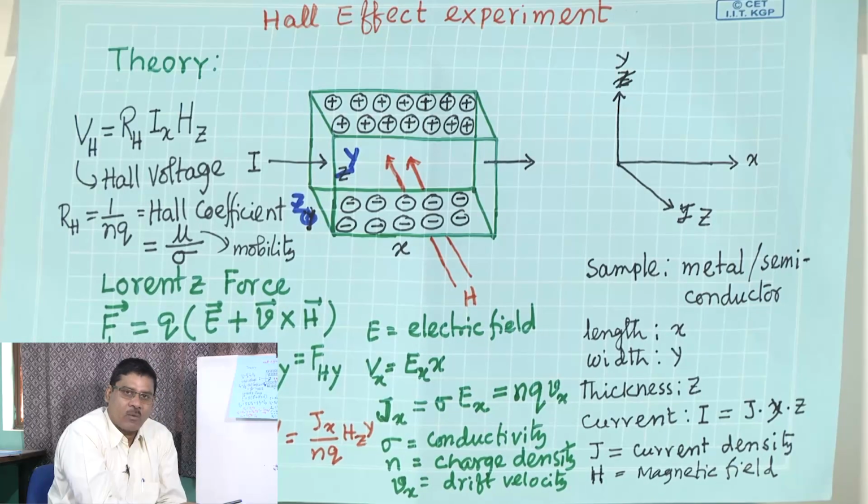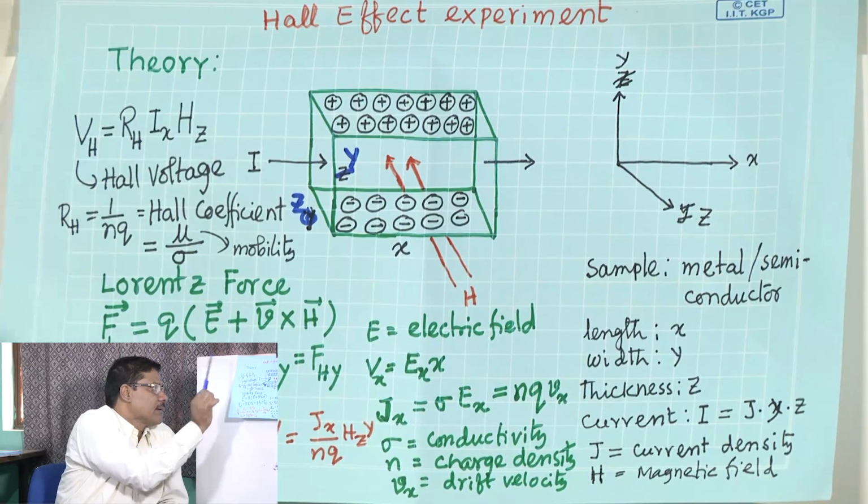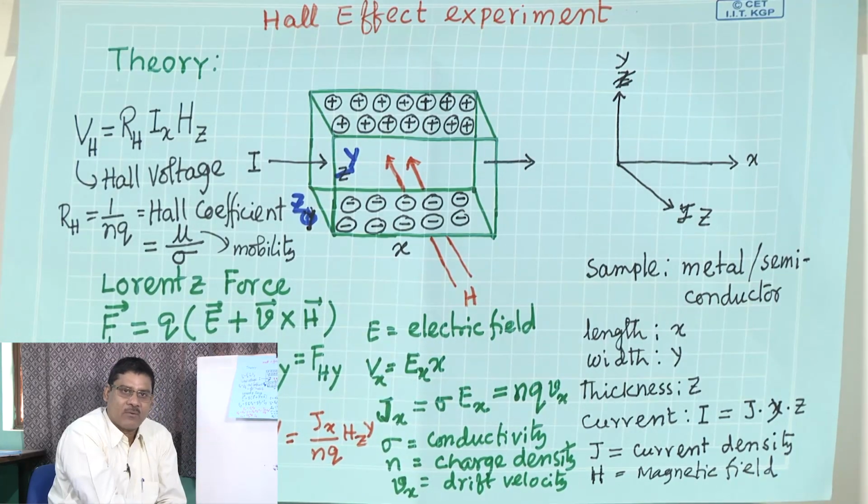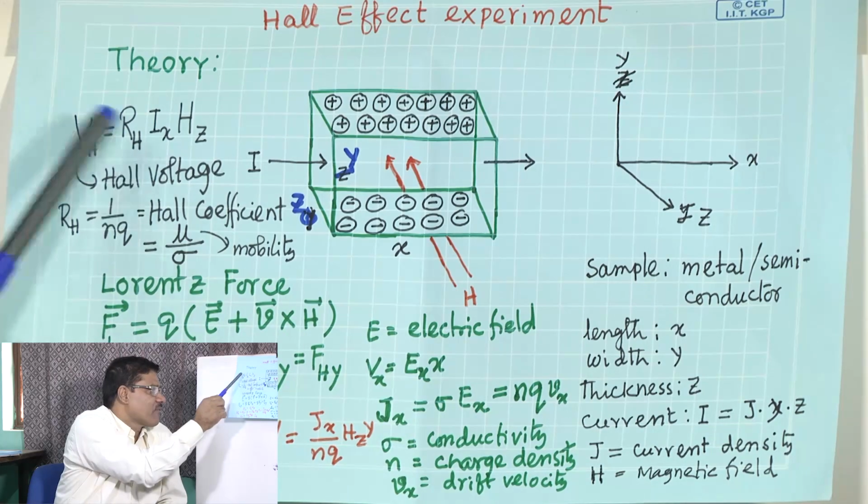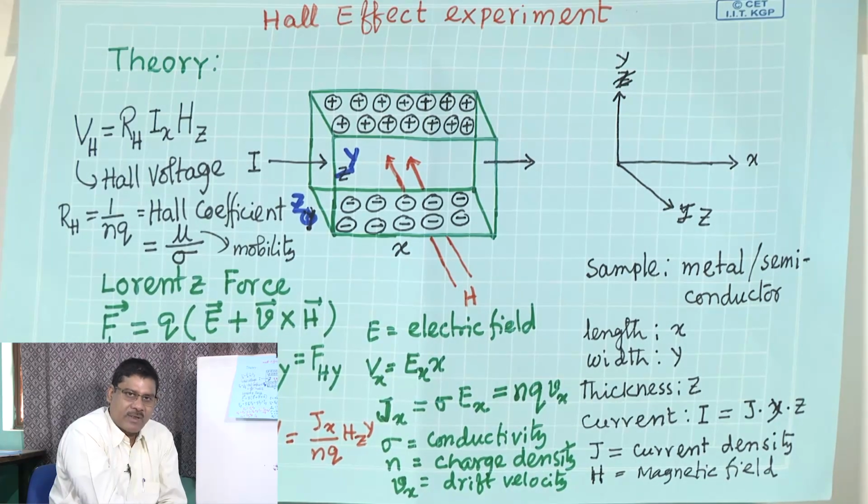So from the sign of the Hall voltage, one can tell which type of semiconductor it is, whether N-type or P-type.